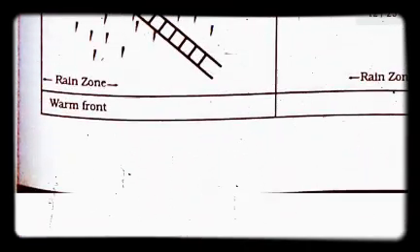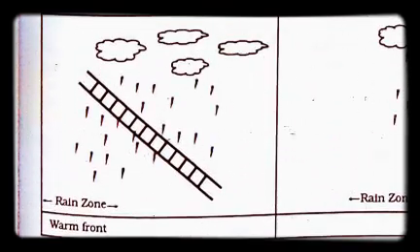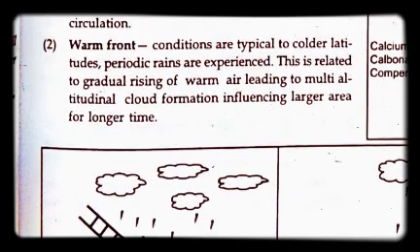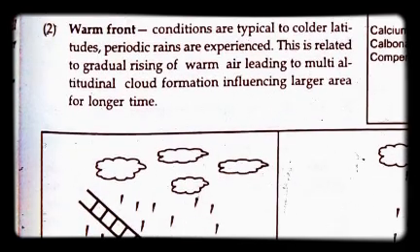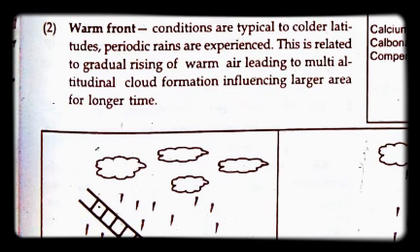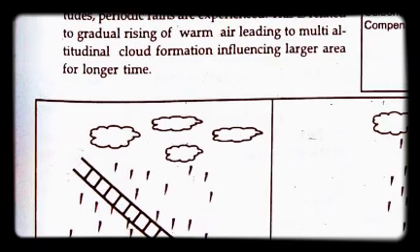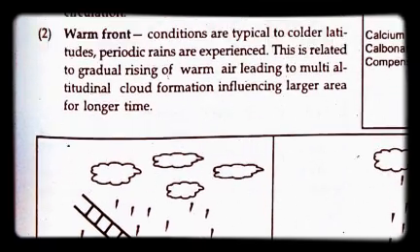Here you see in the warm front the rain zone and the front area, with warm air rising. You can see cloud formation influencing a large area for a longer time, because wind blows from high pressure to low pressure areas. That is why clouds form and rainfall occurs, and the precipitation cycle is seen.